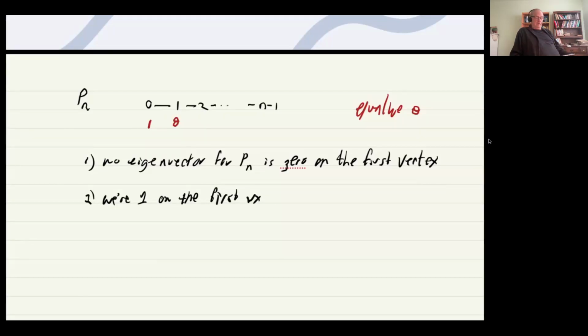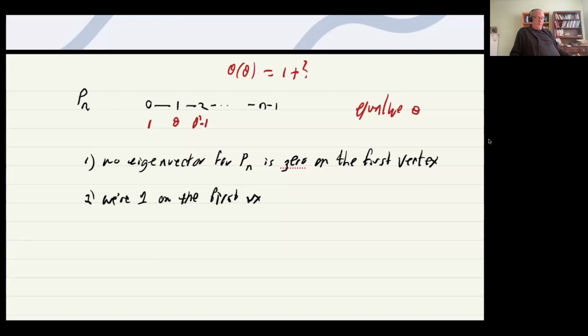That's good, so let's repeat the process. The next step is theta times theta is equal to the sum of the weights of the neighbors, and so the next entry must be theta squared minus 1.